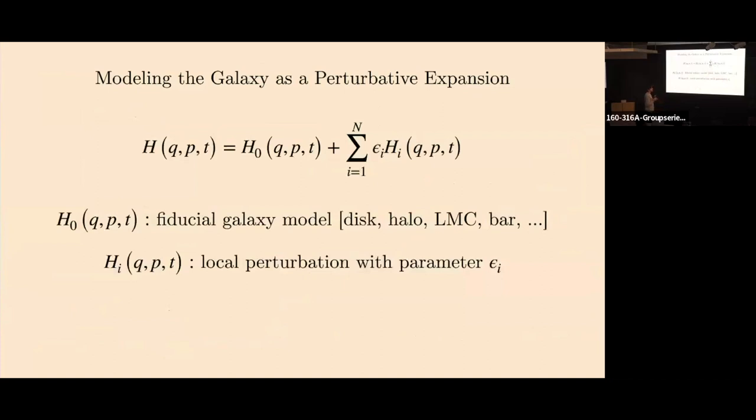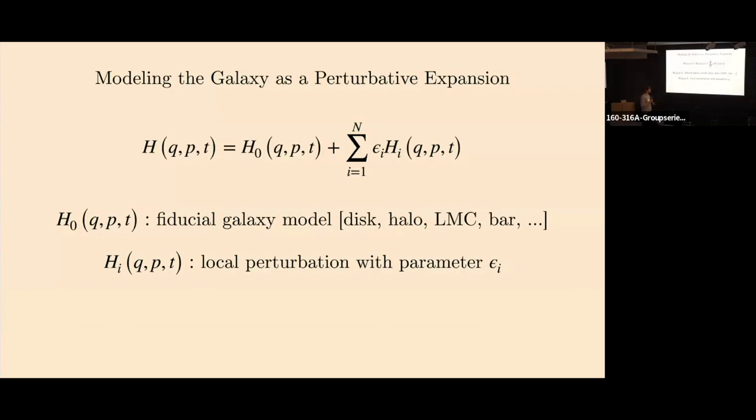So the idea here is to think about your model for the galaxy as a perturbative expansion, where this H0 thing is the entire galaxy, and then this summation is everything else. When I say the entire galaxy, I mean the smooth part, and everything else are all of the small perturbations, like the subhalos, that only give you an addition at very small order in epsilon.